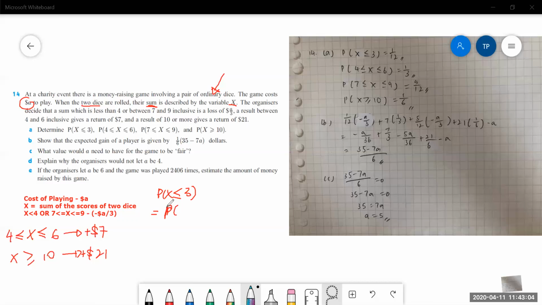X less than or equal to 3 means we want the first die, X1, equal to 1, and X2 equal to 2.